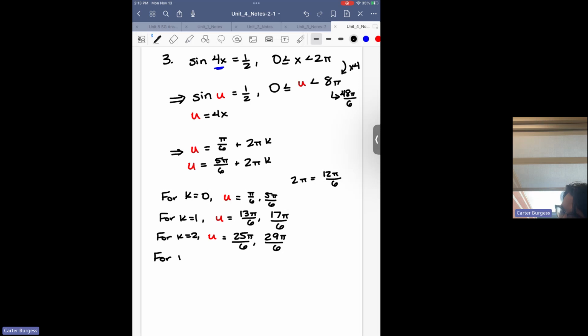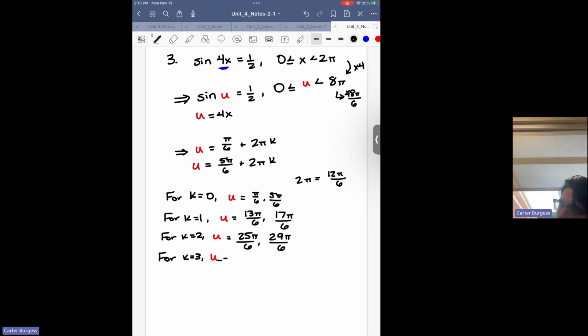Exact same thing for when k is 3. Adding another 12 pi over 6 here, this is 37 pi over 6 and 41 pi over 6. We're getting close, but have we hit 48 pi over 6 yet? Nope, so we can keep going.